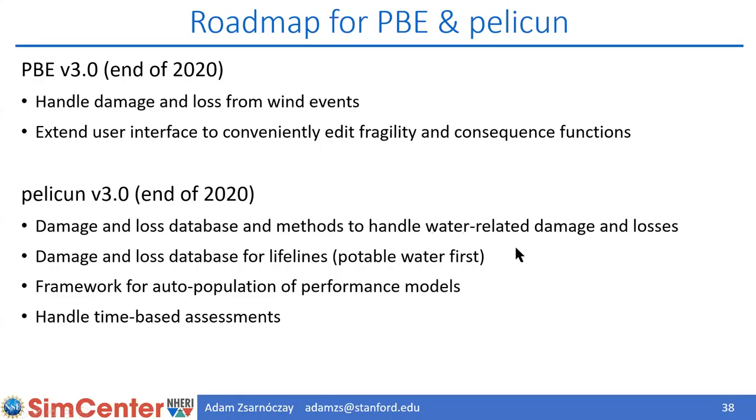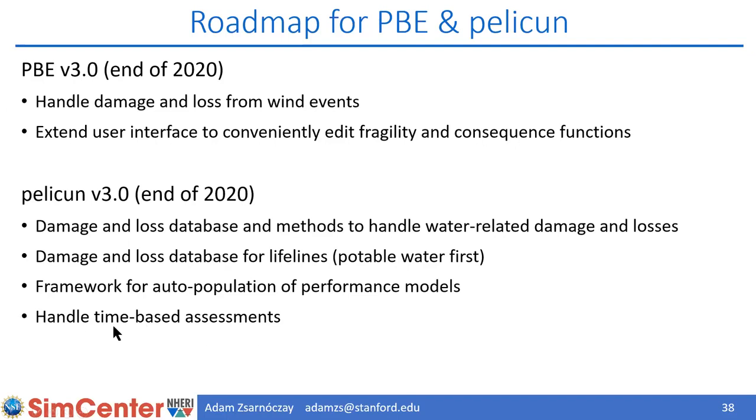When it comes to Pelican, it already has the wind-related damages, and now in this year we will include water-related damages and losses and the corresponding databases. We will extend the capabilities with the lifelines and make those databases available. And I'm also working on auto-population for performance models. I think it's an important topic, but we would like to make it very transparent and driven by files that people can share with each other so that there could be auto-population strategies developed by the community that we can share among ourselves.